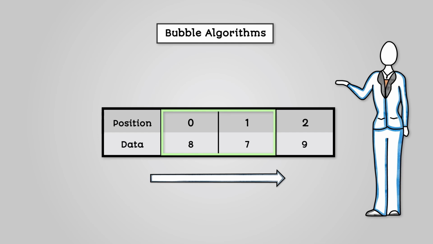It is, as 8 is greater than 7, so these values are swapped. Next, we check if data 1 is greater than data 2. It isn't, as 8 is not greater than 9, so these values are left where they are. We've now looped through our array again, so our inner for loop is complete. You can see our data is now sorted in order.